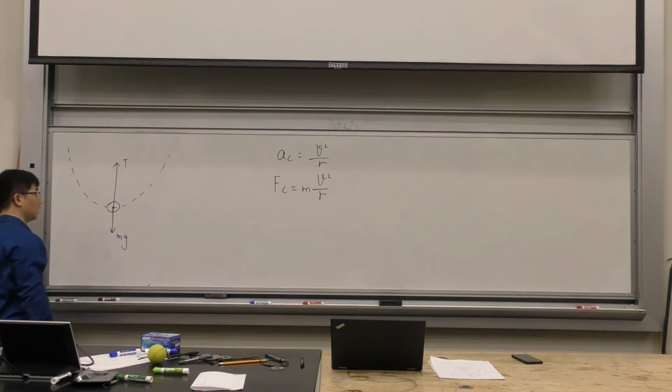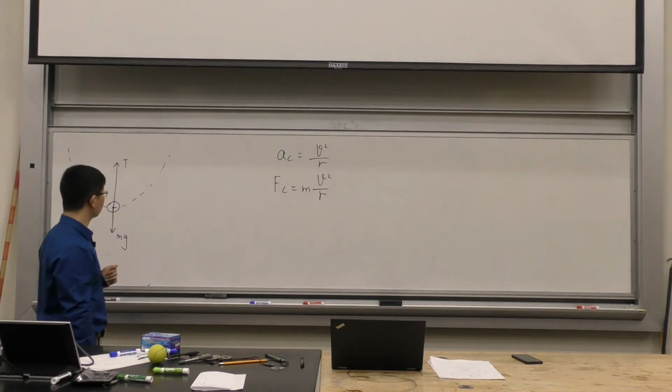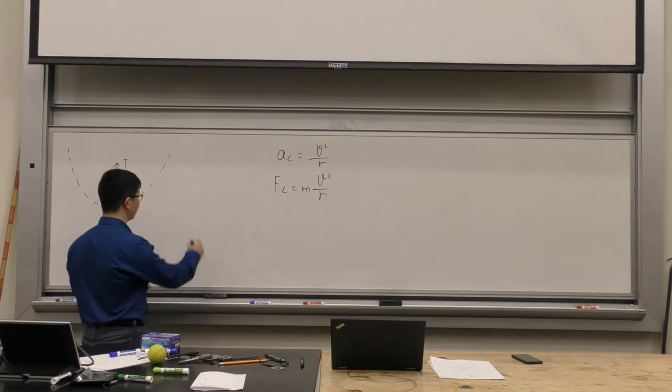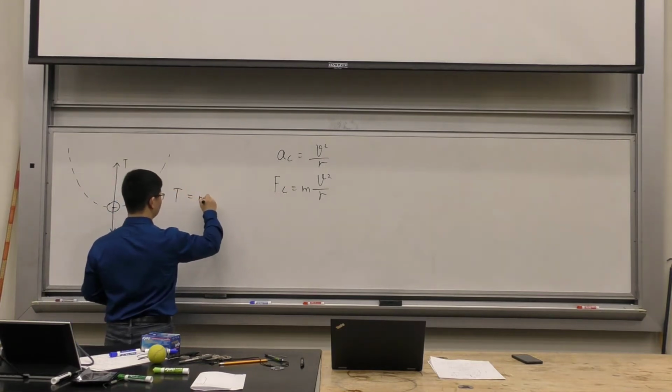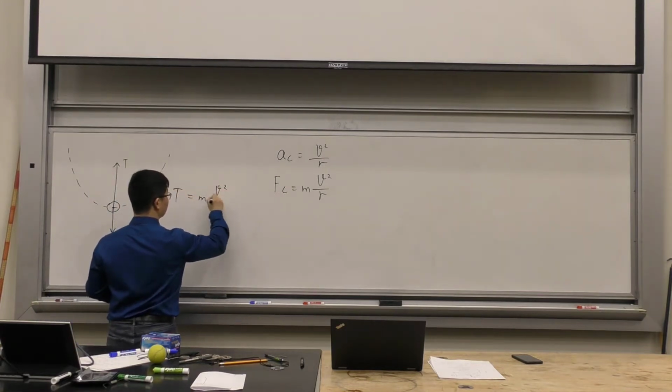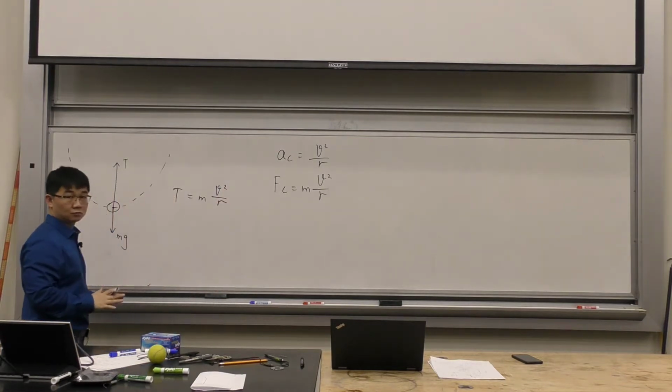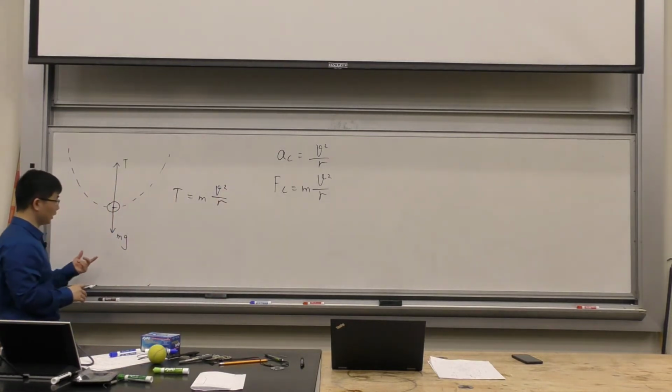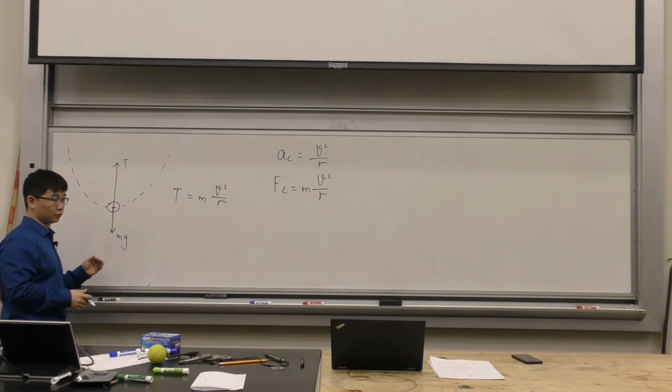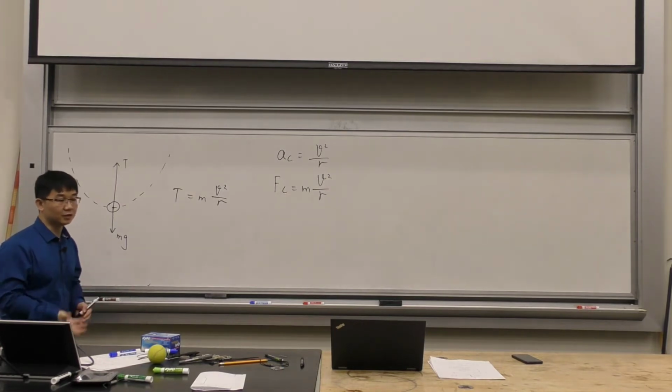The tension is up. So a lot of people will make this mistake. Oh, so in this case, tension is the centripetal force, so I would just do tension equals m v squared over r. No, tension is not the centripetal force in this case. You still need to set up Newton's second law to find out which force is the centripetal force, or sometimes it's a combination of forces.